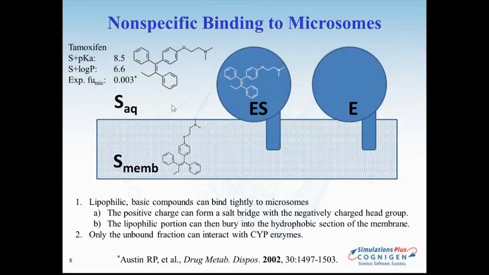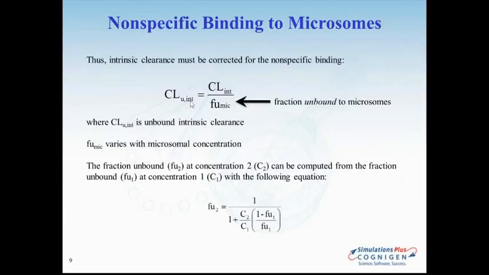Only the compounds that are in solution and free from the membrane can interact with the enzyme and therefore be metabolized. So only the unbound fraction is actually interacting with the enzyme, and you need to correct the clearance for that. This is the equation to correct it: the unbound intrinsic clearance equals the apparent clearance from the experiment divided by the fraction unbound to the liver microsomes.